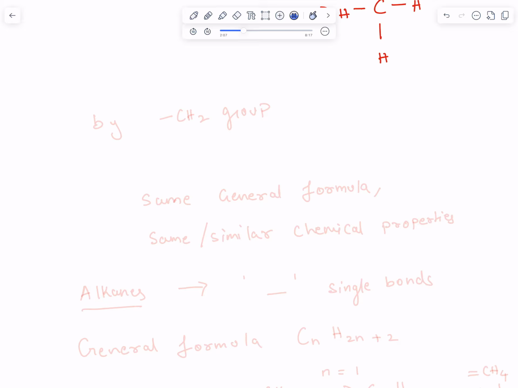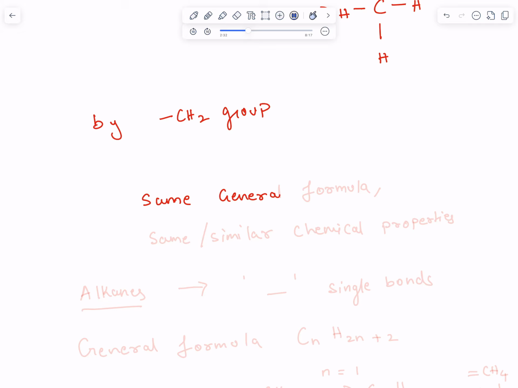Similarly, all the compounds in a homologous series differ by a CH2 group. Now you might be wondering, fams, what that means. So, once again, a homologous series is a family of organic compounds with the same general formula.